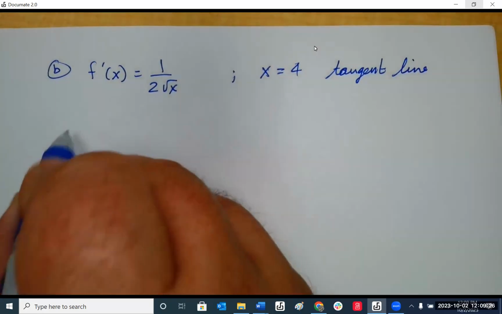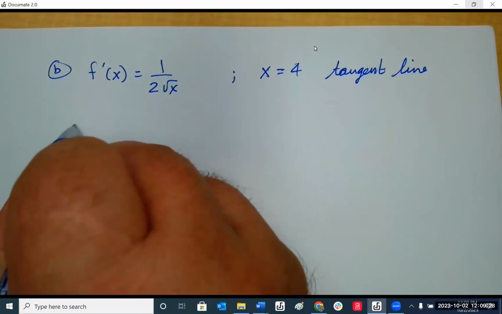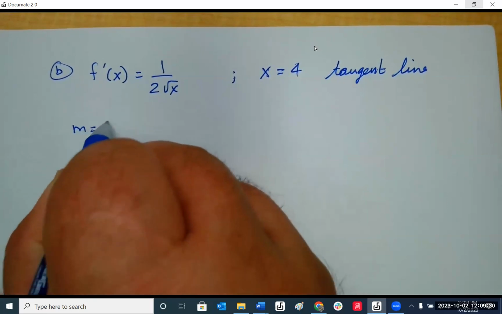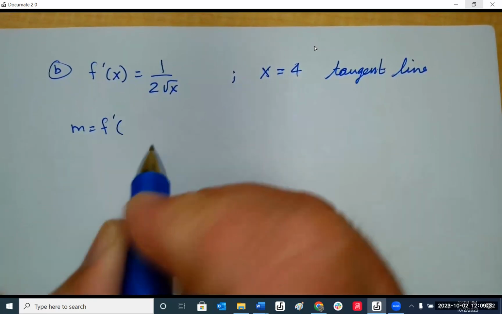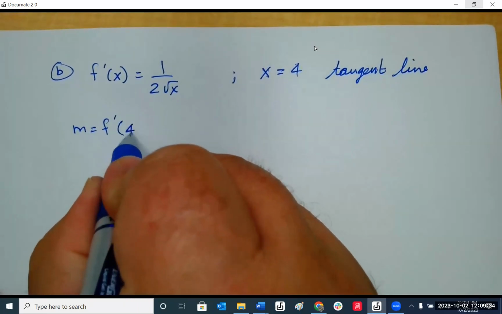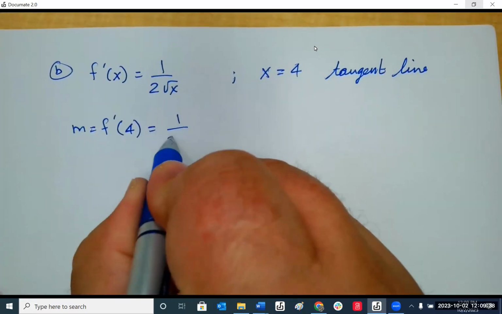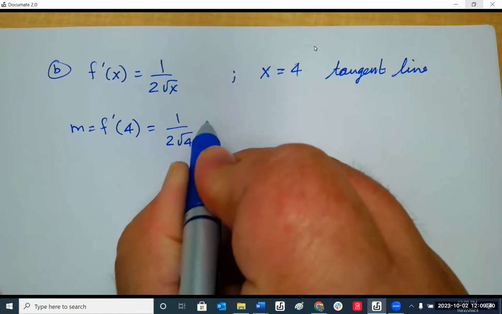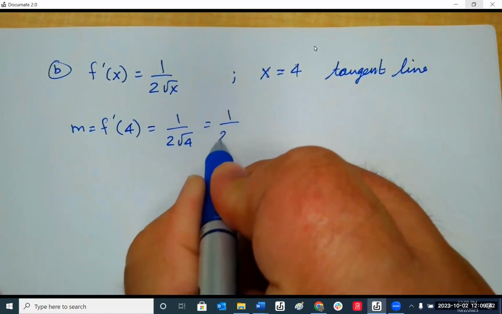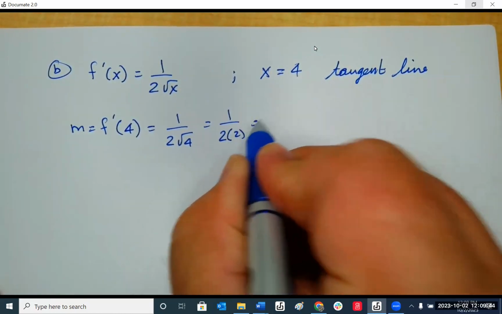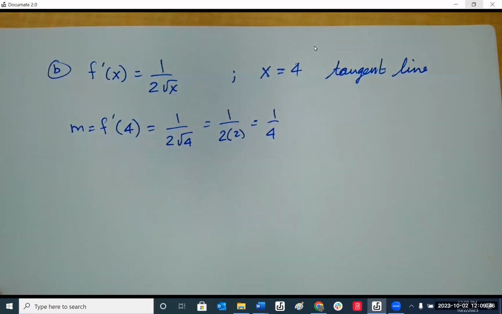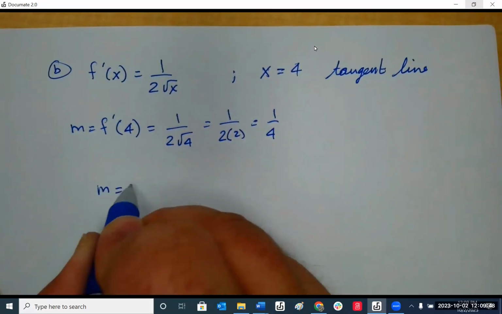What do we do first? Remember, the slope is the first derivative. So we need to know the slope. So we put in 4 for x. Right. So our slope is 1/4.